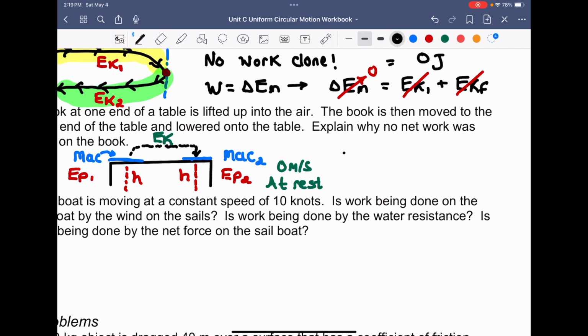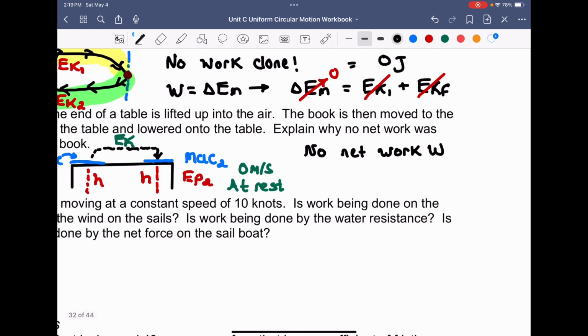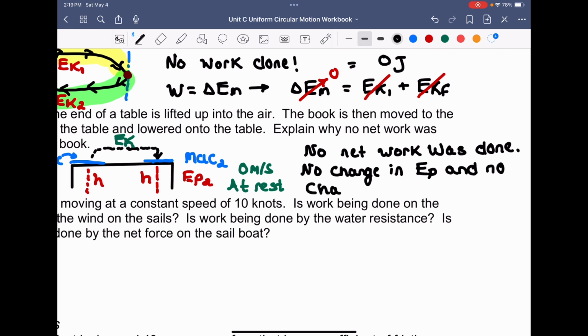And I'm just going to specify that here. So no net work was done. And I'm going to express it as no change in potential energy and no change in kinetic energy.